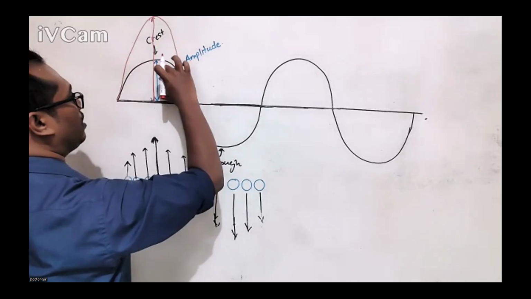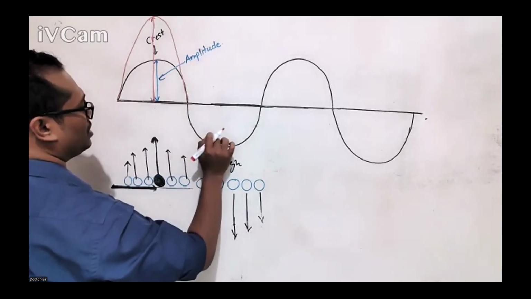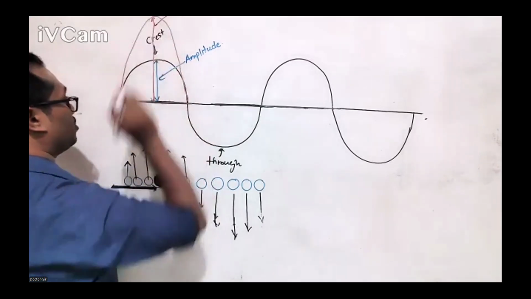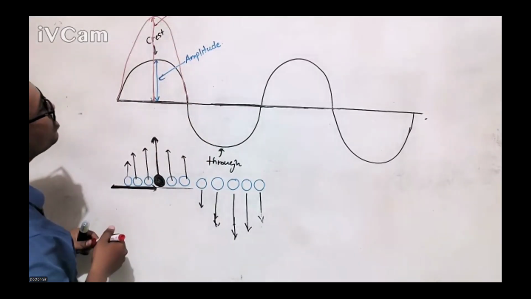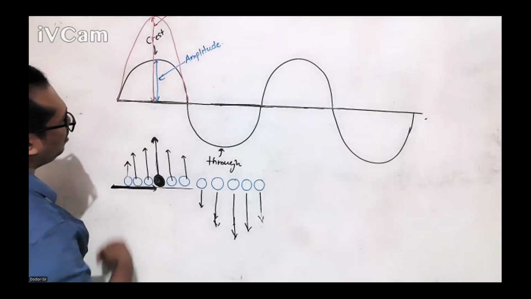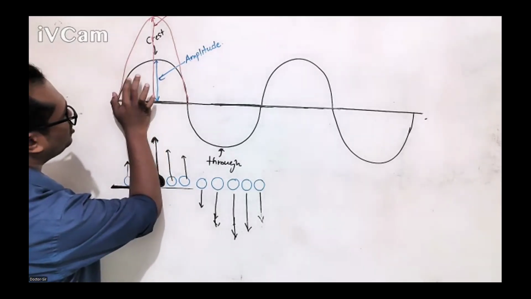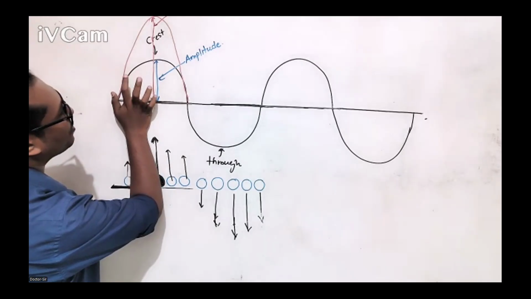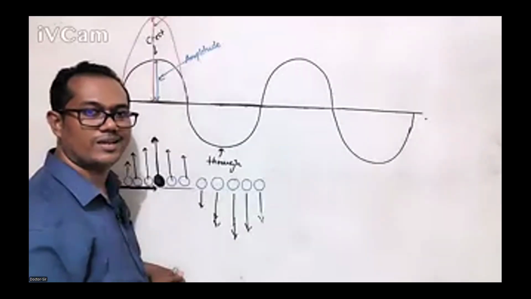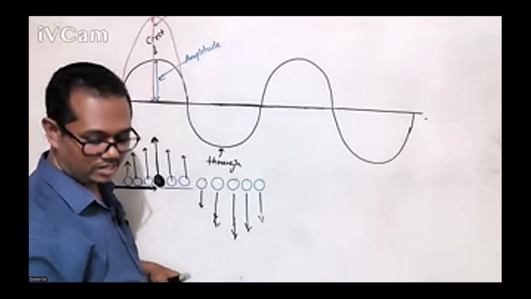This amplitude is for the black color wave, and this one is for the red color wave. Which one has the higher amplitude? The red color one. So we can say comparing the energy, the energy of the red color wave is higher than the black color wave.